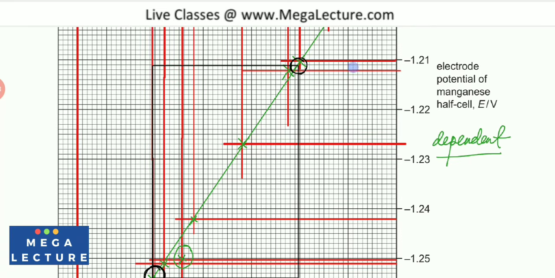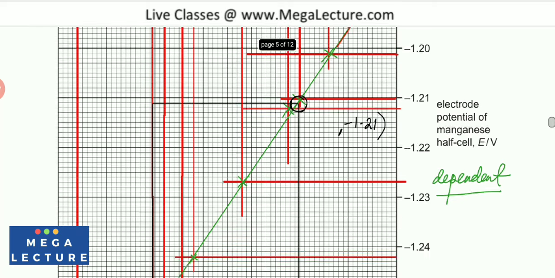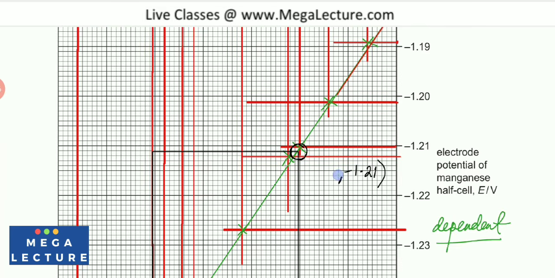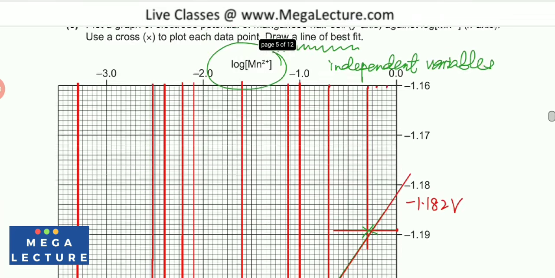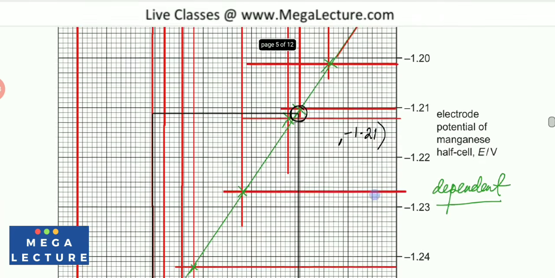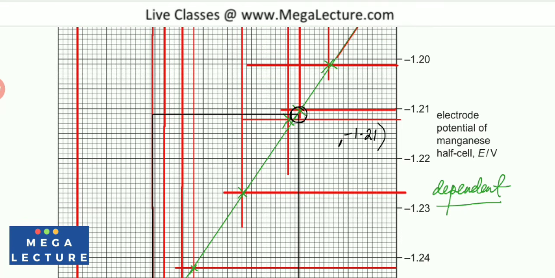Now this point over here, the y-axis value is coming out to be minus 1.21. I'm going to write that down over here. And my x-axis value, let's follow this line, is exactly minus 1. So these are my two points over here.